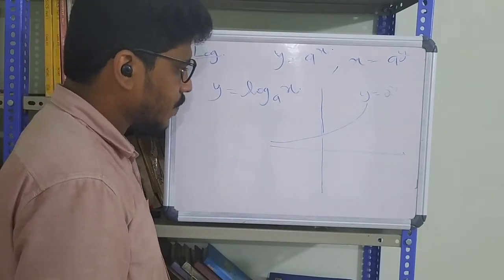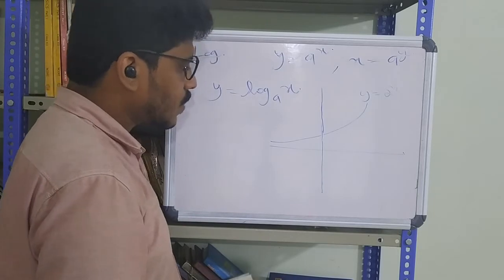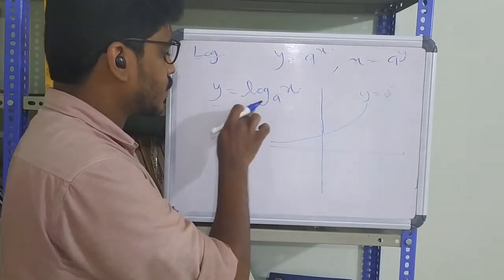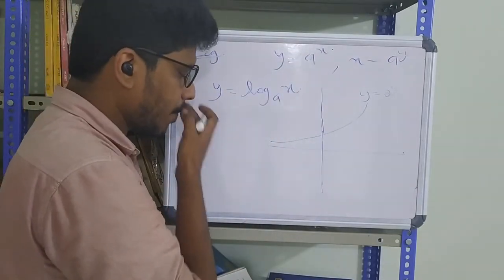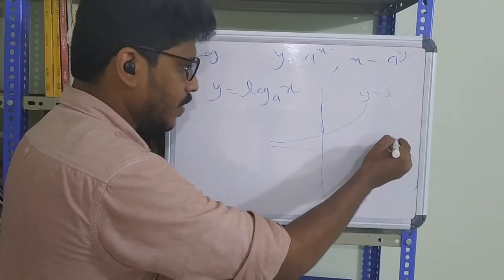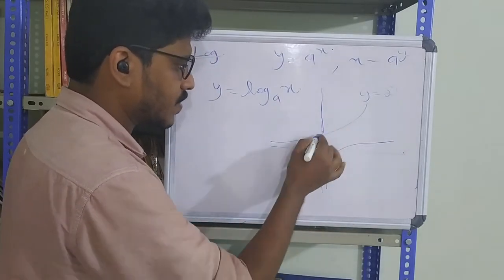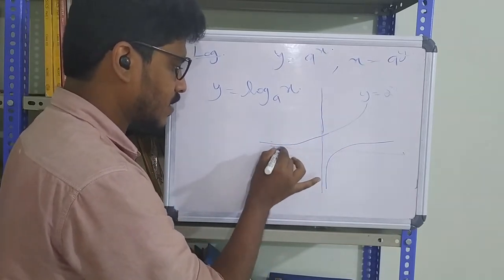And now the graph of the function y equal to log to the base 2 of x will be like this. See, it has to be arbitrarily close to its axis.